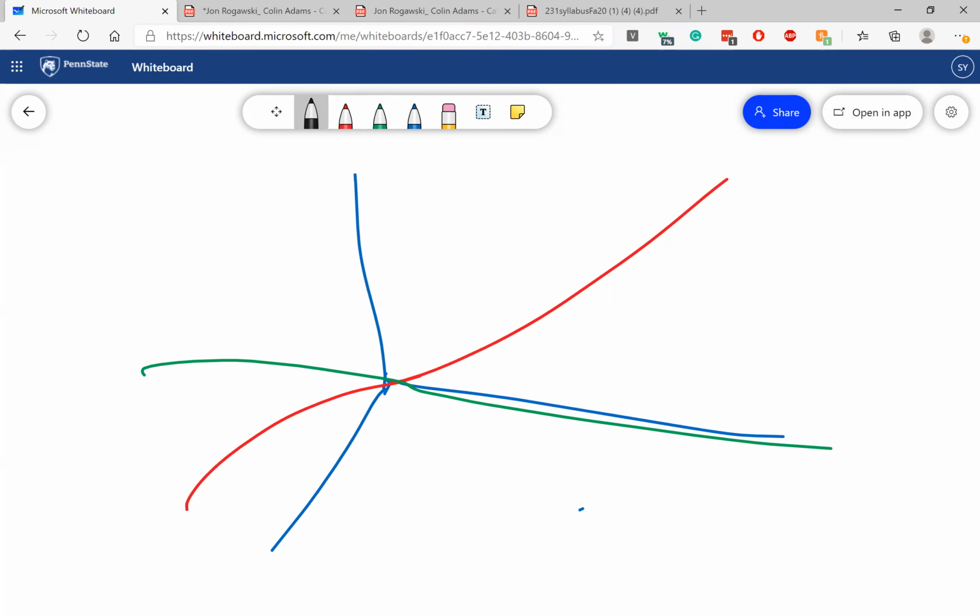And I want to find the angle between them. So this would be R1 of t, and the red one would be R2 of t. And then the two curves have an angle, and I would like to find the angle between them. And would anyone want to suggest a way to do this? Any ideas?